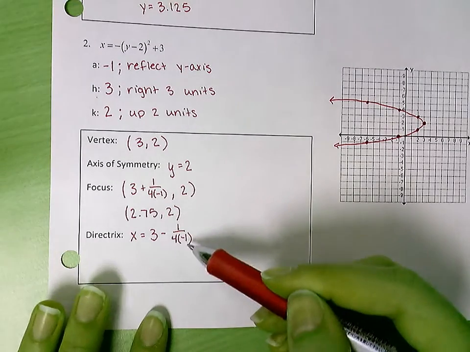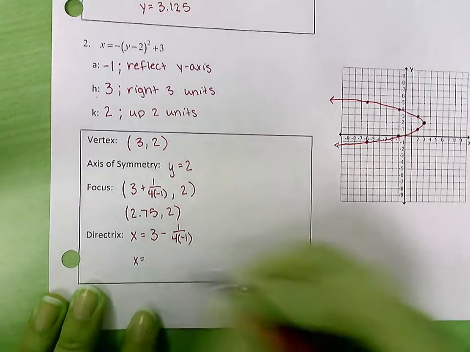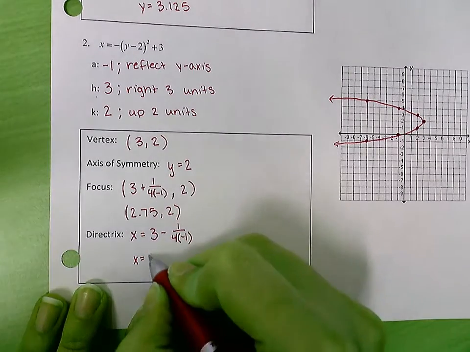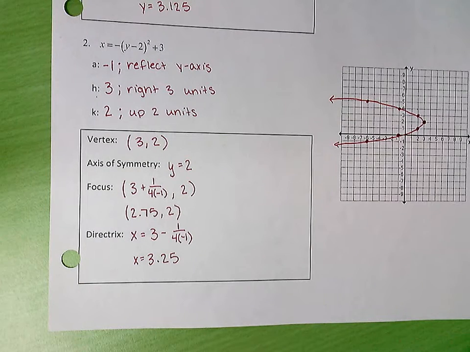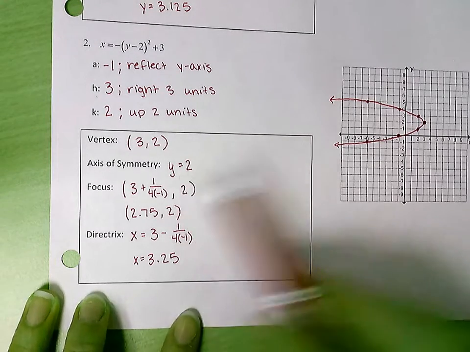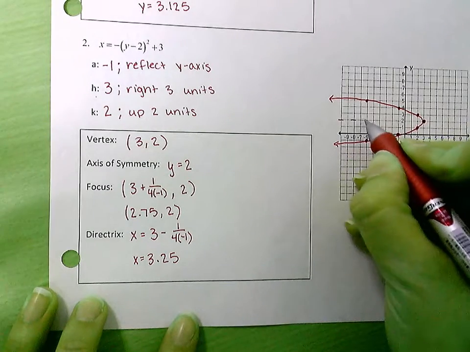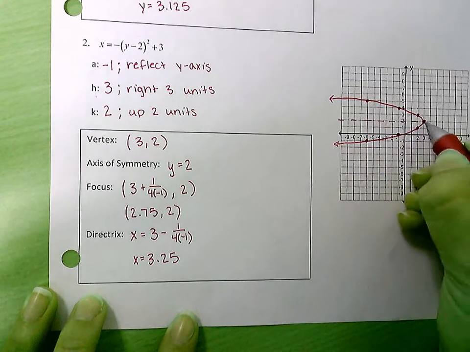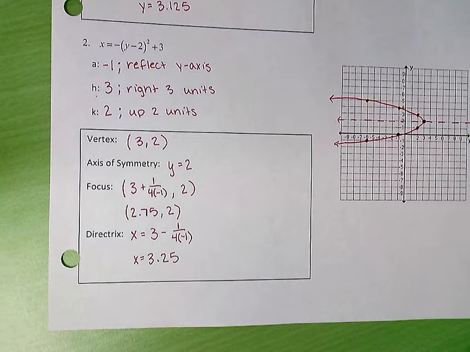So I have a negative and a negative, so I have 3 plus 1/4. So x will be equal to 3.25. And again, I'm just going to draw in that axis of symmetry. If it's y equals 2, that's this horizontal line through that y value of 2. And your graph should reflect over that.